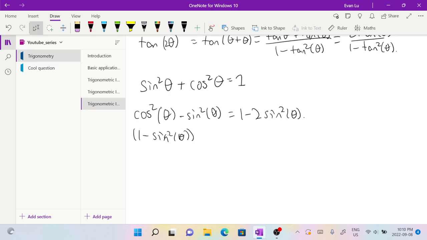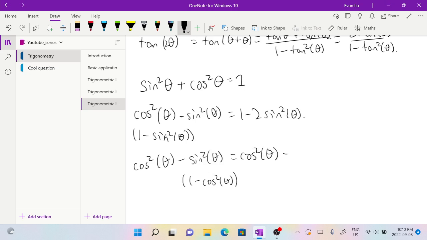Now, on the other hand, if we wanted to only keep the coses, then we would replace the sines with the coses. So we would say cos squared of theta minus sine squared of theta. Well, sine squared of theta is 1 minus cos squared of theta. So this is going to be cos squared theta minus (1 minus cos squared theta).